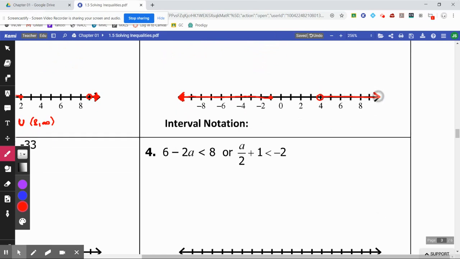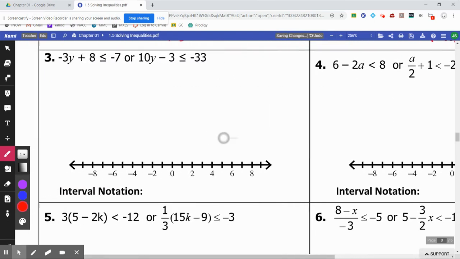So open circle, shaded to the right. That would be n from -infinity all the way up to -1, inclusive, or n from 4 to positive infinity, not including 4.